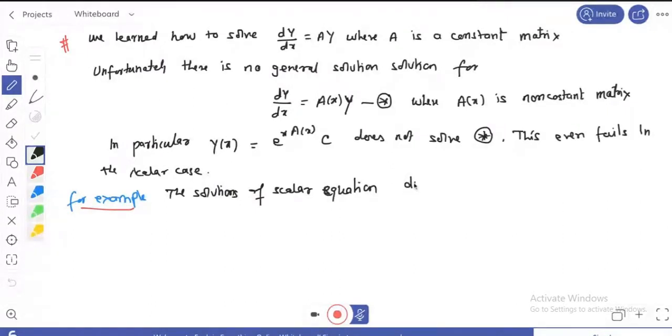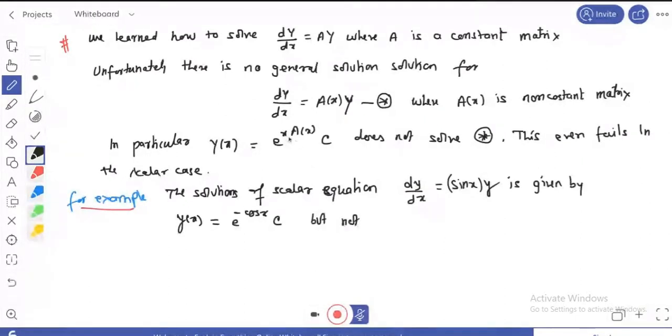If you take a simple example, we can write simply dy by dx equals sin x times y. Here this is your scalar one. You know the solution of this is y equals e to the power minus cos x with arbitrary constant c, but not in this form.